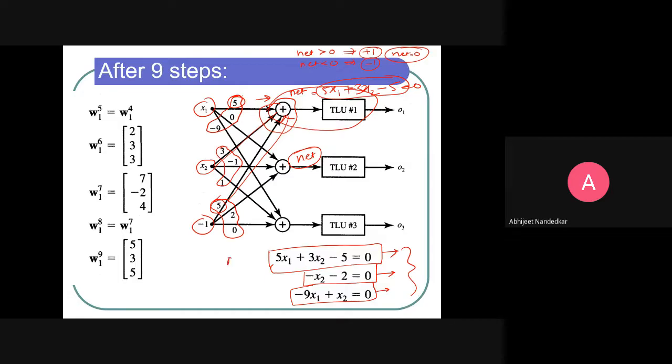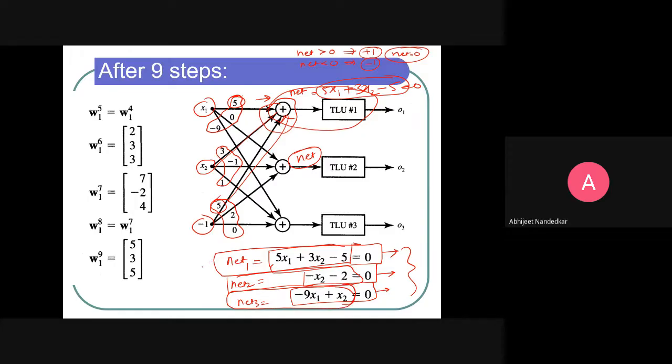So if I call this net 1, net 2 equal to minus x2 minus 2, and net 3 equal to minus 9x1 plus x2. This is the actual implementation.